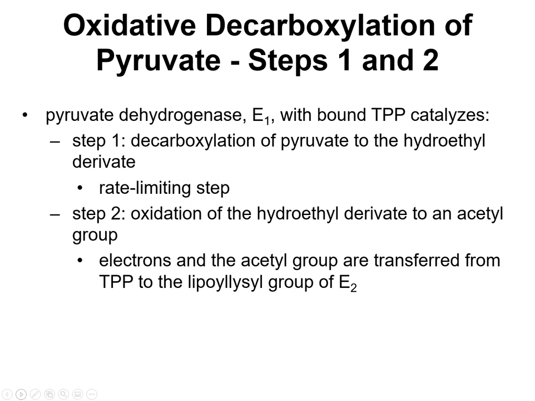So the rest of the process only goes as fast as E1. Think about what that means in terms of chapter 6 when we were assigning variables. Think back to your kinetics to remind yourself of what rate limiting step means. The second step, you oxidize that hydroxyethyl derivative to make the acetyl group.